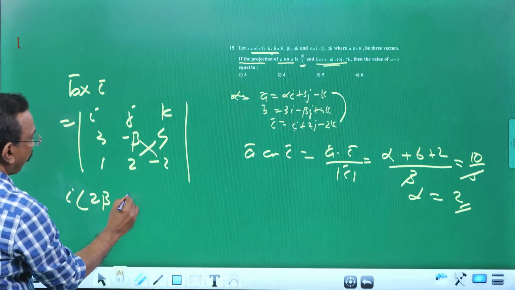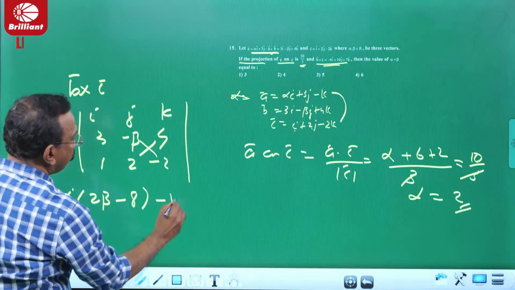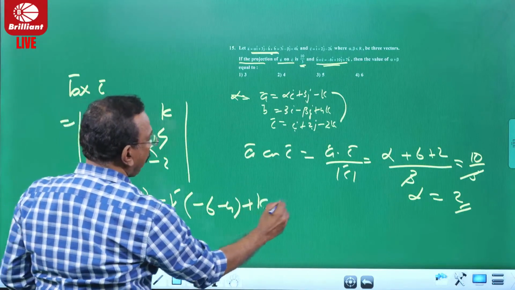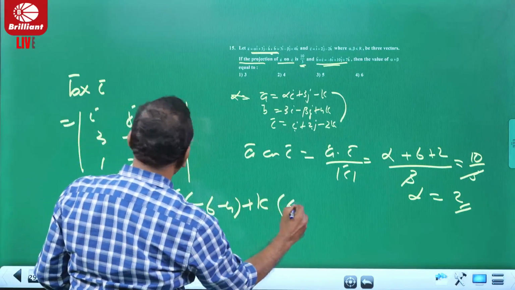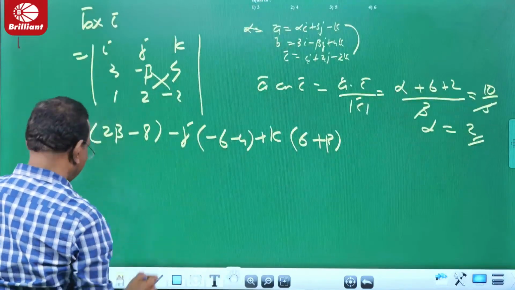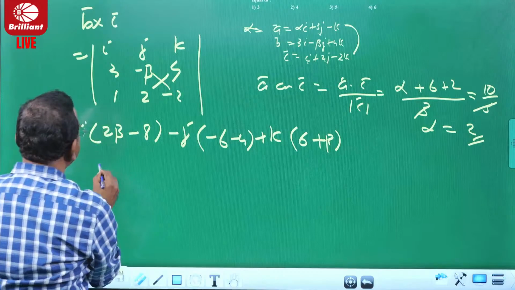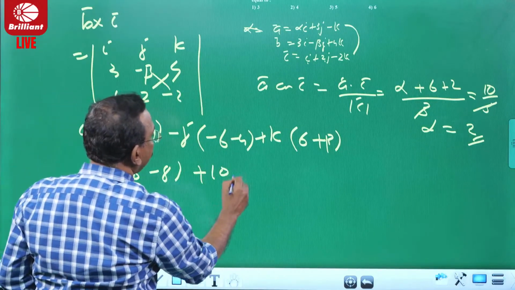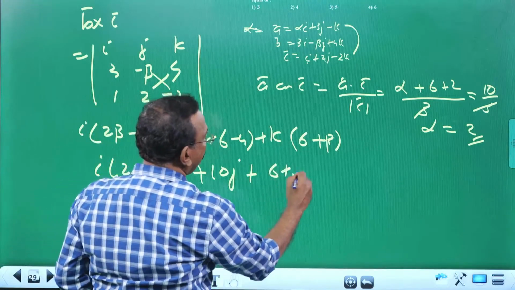i into (2 beta minus 8), minus j into (minus 6 minus 4), plus k into (6 plus beta). So the expression is i into (2 beta minus 8) plus 10j plus (6 plus beta) into k.